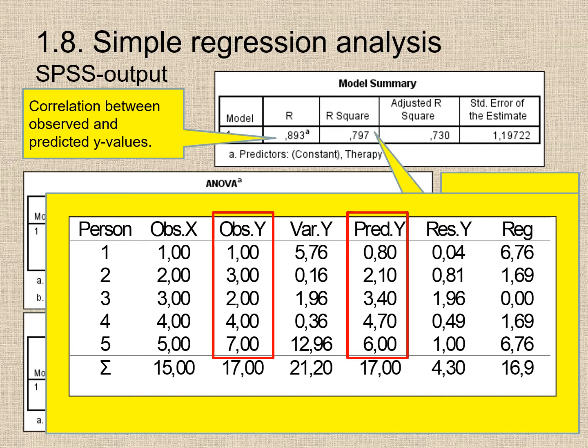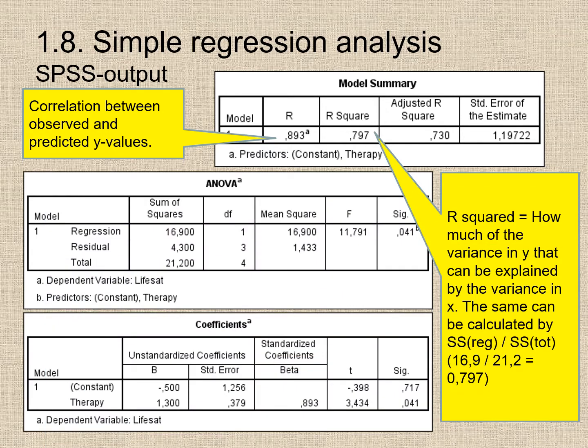In simple regression, when we only have one predictor, one independent variable, that is exactly the same as the correlation between the two variables. Okay, but a more general rule is that it's the correlation between observed and predicted values. If we square that, we get the next value, R square.